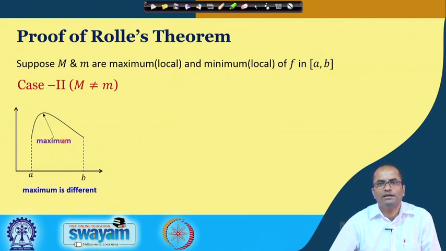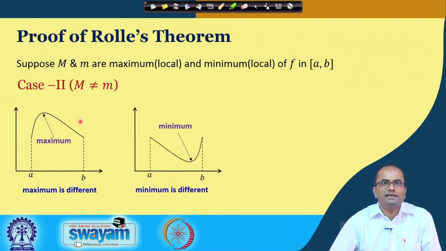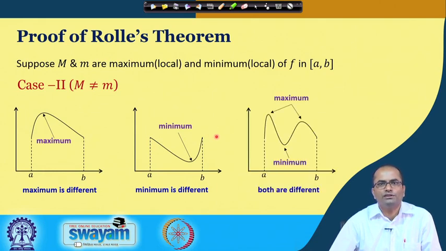The function values at a and b are equal as per the assumptions of the theorem. The second case, when the minimum value is different from the function value at a and b, and the third situation, that for some functions both may be different.